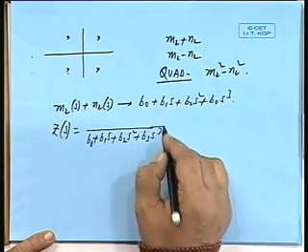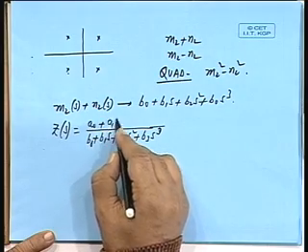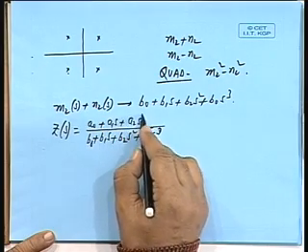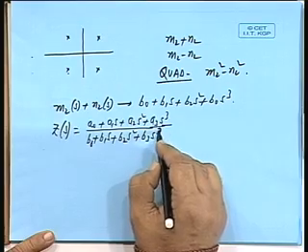Suppose it is like this. Then what will the numerator be like? It can have a0 plus a1 s plus a2 s squared plus a3 s cubed. Okay. Any question?